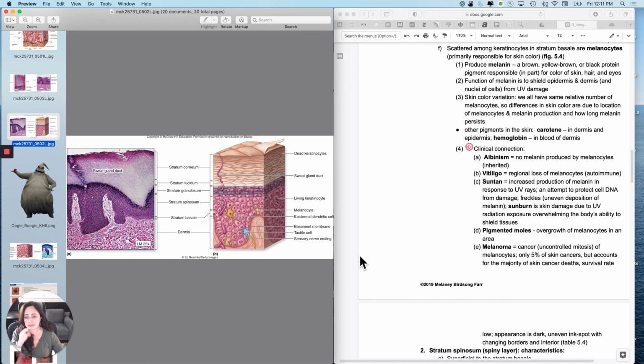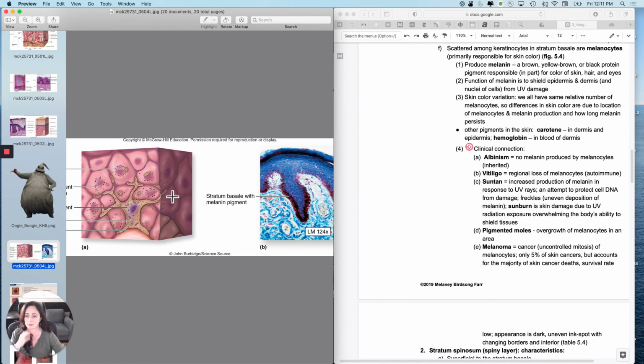So what these cells actually do is, let me show you them a little closer up. So this is a closer up picture of this little guy called a melanocyte. And then this figure is stained so that you can see the melanin. What these guys are going to do, I'll draw a bad picture for you, is they are really responsible for protecting the nuclei of your cells from UV damage.